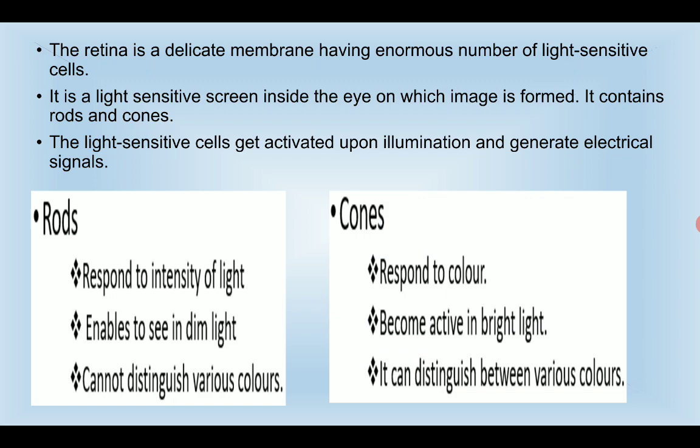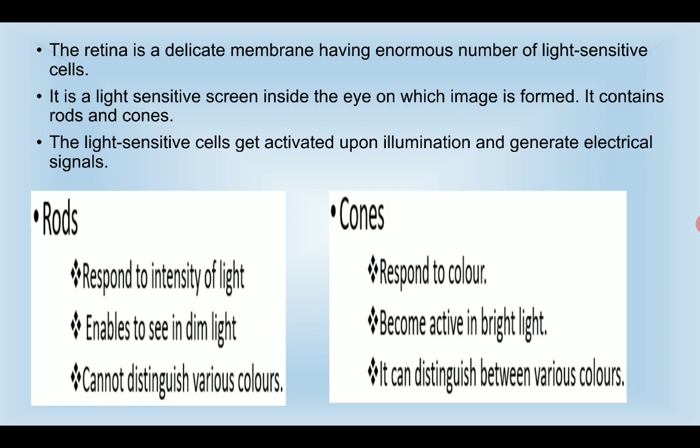Animals can see in dim light, but we are not able to see in the dark. Like the cat is able to see, the dog is able to see, and the owls.